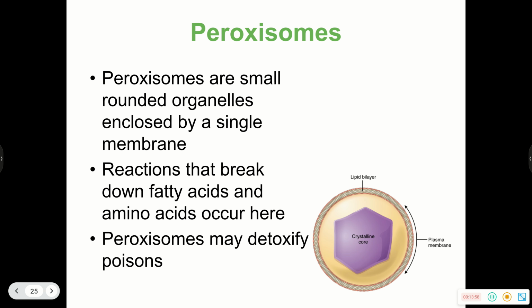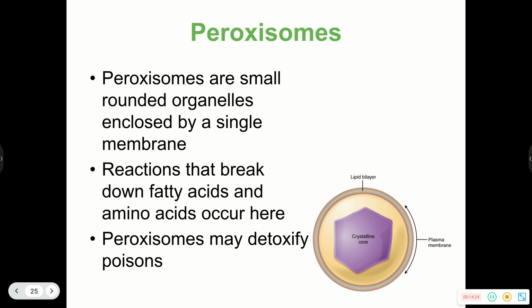All right, peroxisomes. The peroxisomes are usually very circular or spherical in nature. They are organelles that are enclosed by a single membrane, unlike the nucleus, unlike the cell itself. Their function is that they break down fatty acids, and they also break down amino acids.